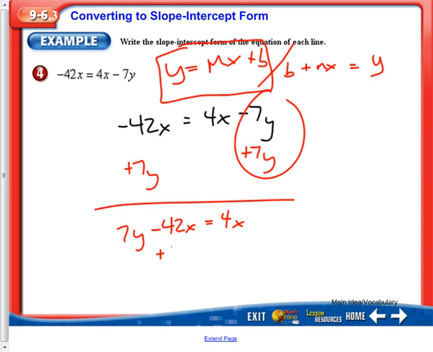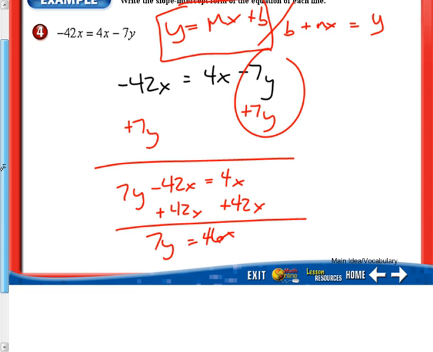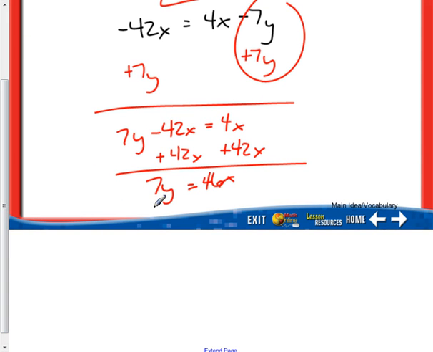And then if I add 42x to both sides, what I get is 7y equals 46x. And so when I do that, then I have to divide by the 7 on both sides.